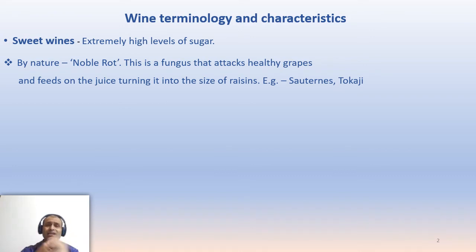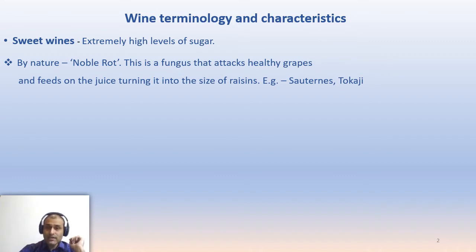So there are a lot of factors in a particular region where noble rot is prevalent, and every region in the world doesn't have that. It's fascinating, actually, how nature has developed this mechanism of only having noble rot in certain places around the world and not everywhere. So we need to be thankful for that.